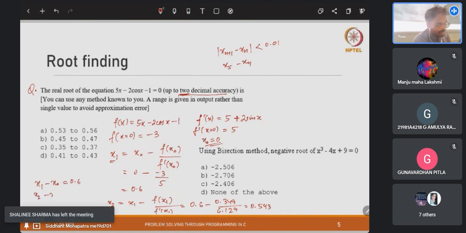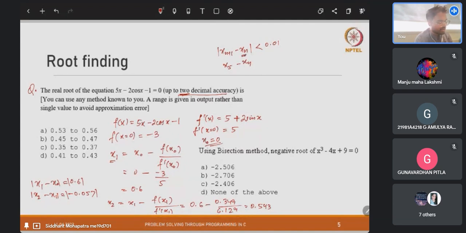Similarly x2 minus x1 is 0.543 minus 0.6, which is minus 0.057. But you can see the absolute value is still more than 0.01. So we need to continue until this difference between consecutive xn plus 1 and xn becomes less than 0.01, and when this happens, then your xn is the root.